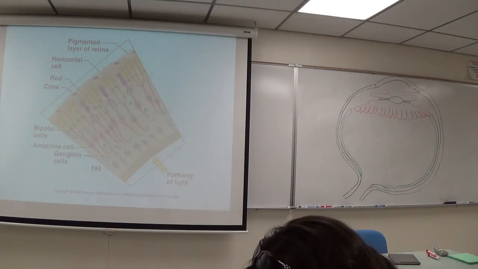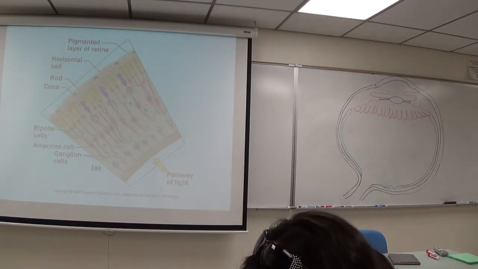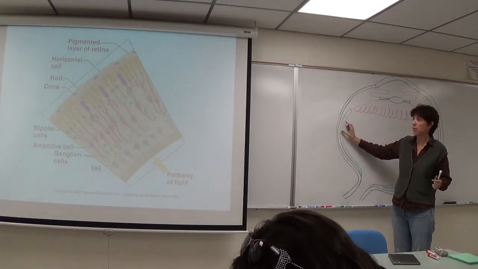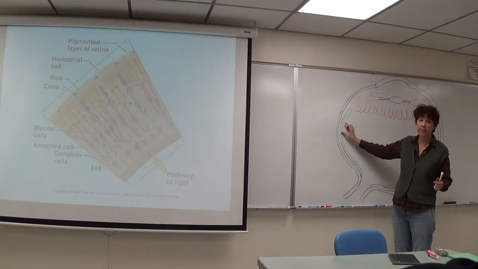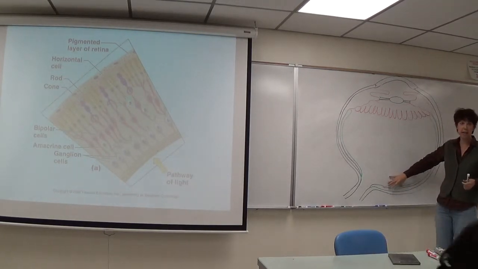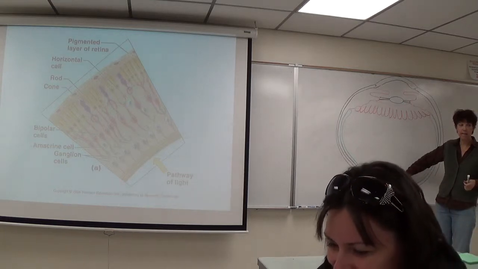Okay. So looking at the cells of the retina, this screen here is kind of as if you were looking over here, as far as where it's taken from. So I'm going to kind of redraw it on the board and then center here in the pathway of the eye.